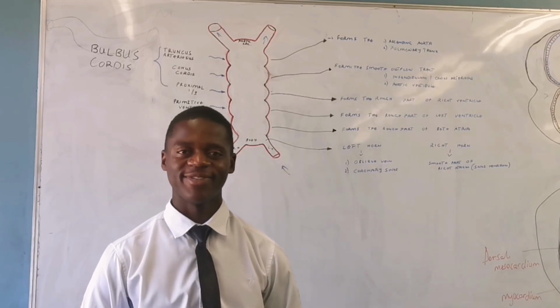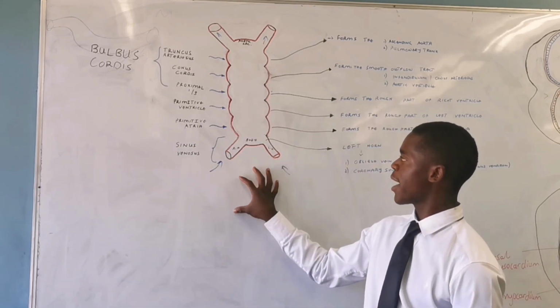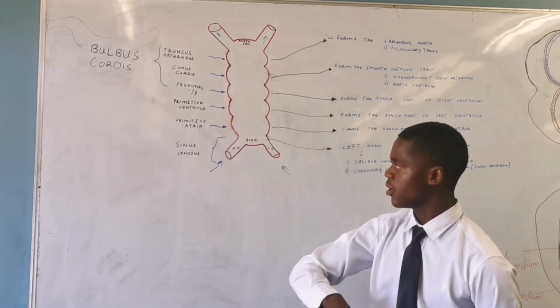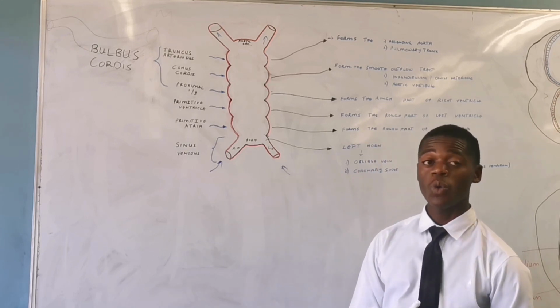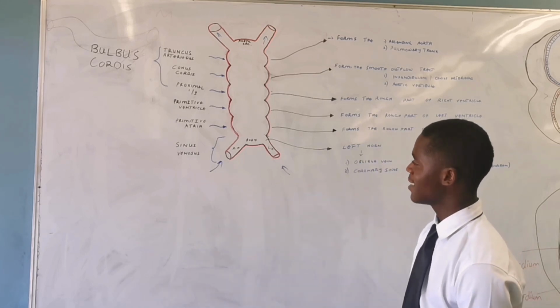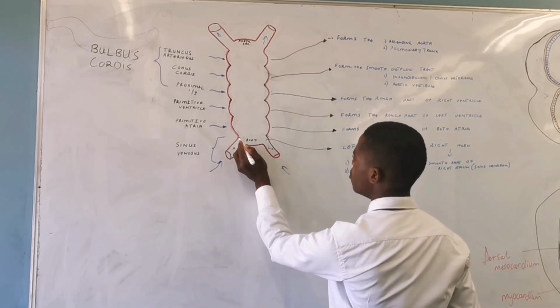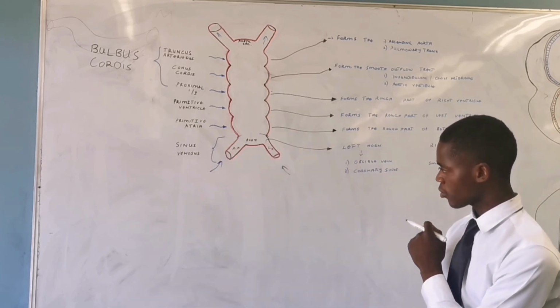Right now, before we move on, you want to take it back through this diagram. When we mention that the sinus venosus is going to be incorporated into the right atrium, you want to notice this connection between the sinus venosus and the primitive atrium.